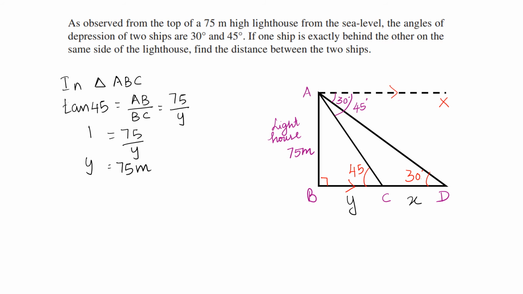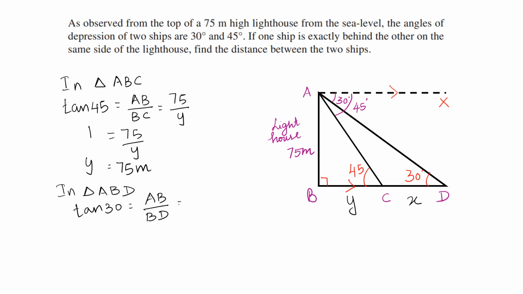Now we are going to take in triangle ABD, tan 30 equal to, so you should visualize the triangle ABD now. You should know the triangle ABD, right? Tan 30 equal to 75 by this whole side BD, okay? So tan 30 equal to AB by BD.